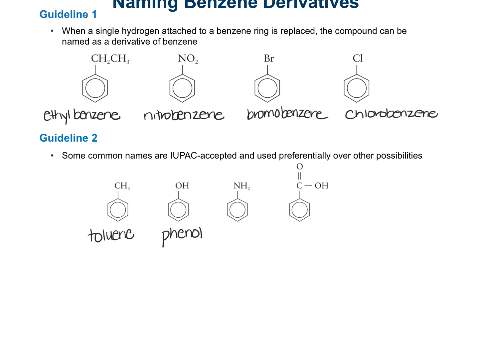If there's an NH2 attached, we call it aniline. And then if there's a C double bond OH attached, we call that benzoic acid. So these are what we could consider some common names that are the IUPAC accepted names. And so these really are 4 things you probably should commit to memory because we'll then continue to use them.